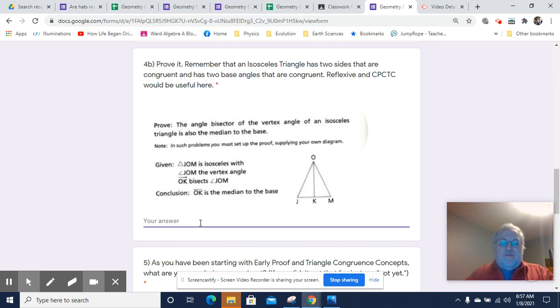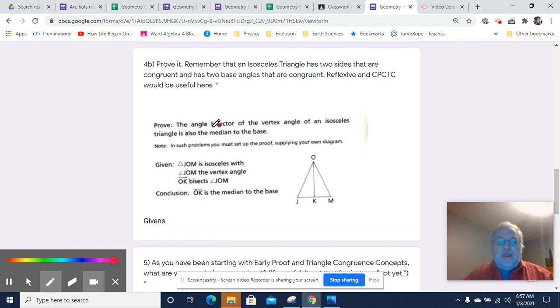So let's start off with the givens and let's label them. In here, this has identified that this is an angle bisector. So let's label that and label that. We've also been given that it's an isosceles triangle, and the angle bisector is heading towards the base.